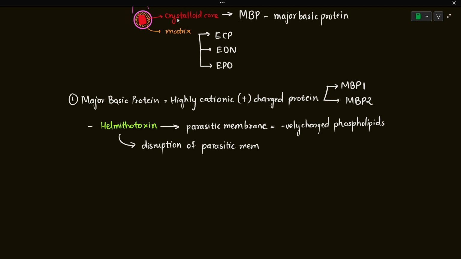The other way basic protein works is that it is not just a helminthotoxin, it also activates other immune cells such as basophils and mast cells. The activation of mast cells or basophils by the major basic protein of eosinophils results in histamine release.